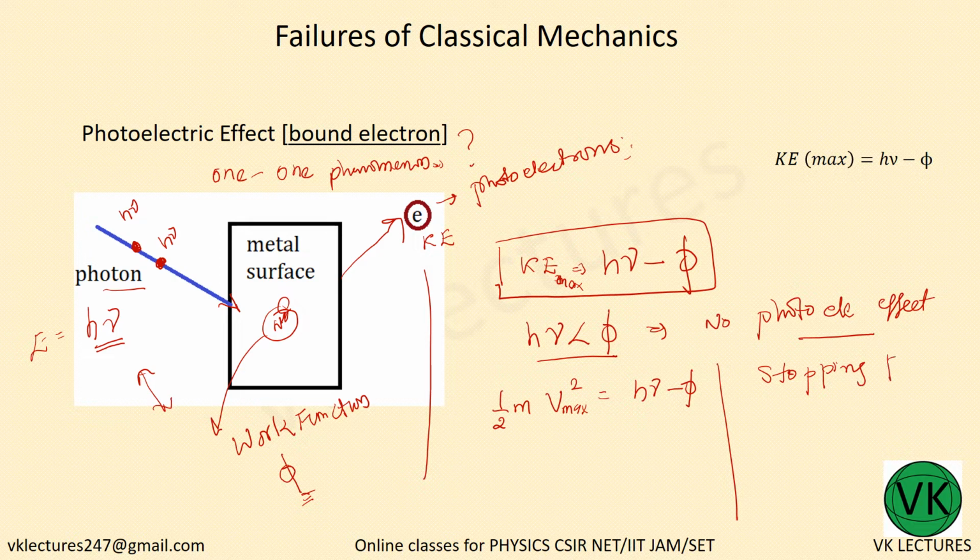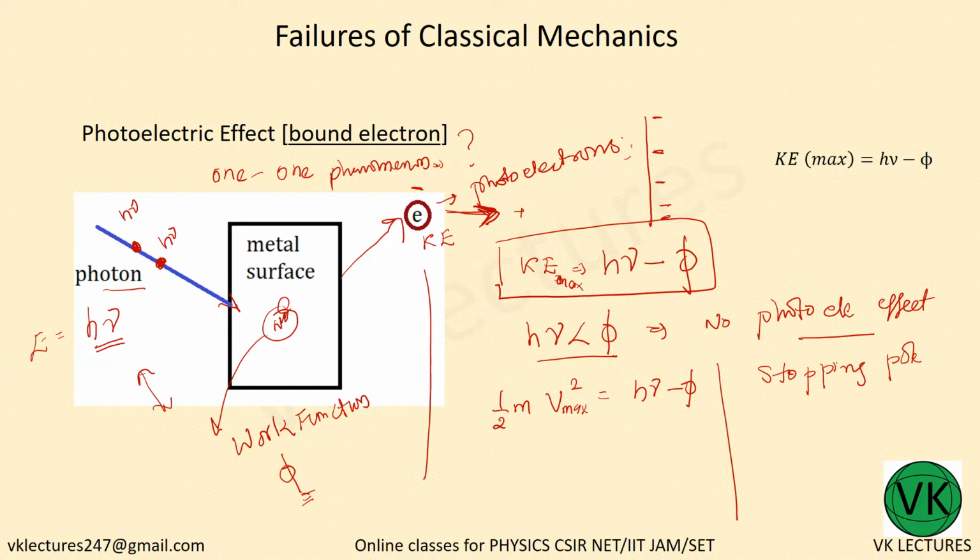Stopping potential. Now once this electron is ejected, I have to stop it. If I have to stop this electron, the electron will be moving in this direction. Let me call it the positive x direction. Then, since this is an electron which is negatively charged, a negative potential should be here. A negatively charged plate I have to keep.